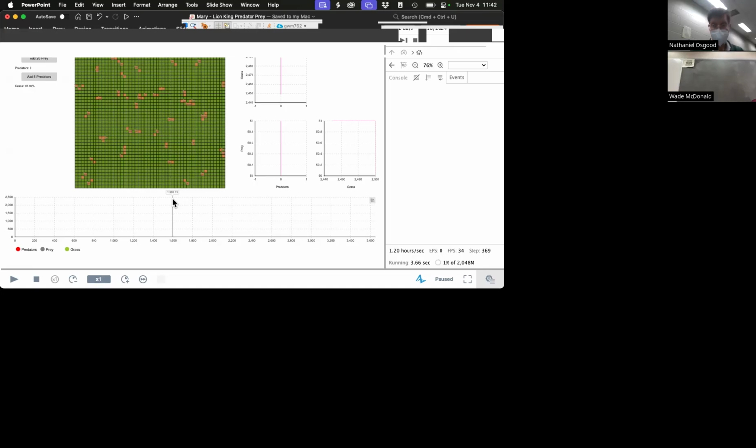Yeah, so, since the prey does not feed, we don't know whether the prey is able to also feed on the grass. But if they are not able to feed on the grass, the grass is going to continue to increase while the prey population will decrease. Yeah.